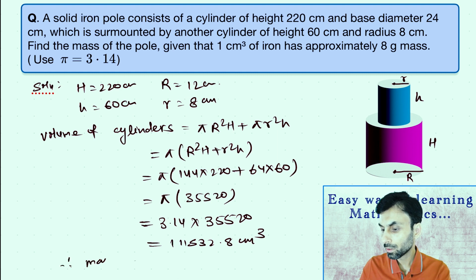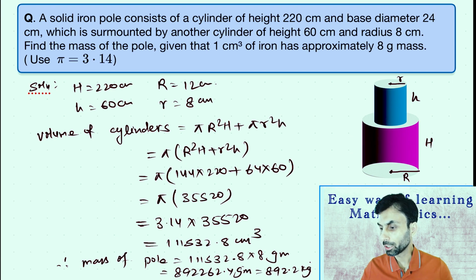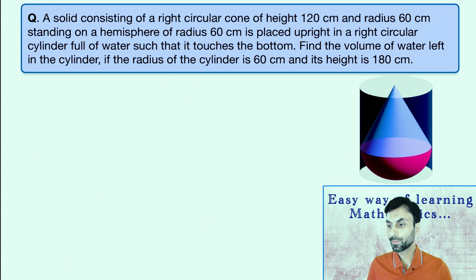Therefore, mass of pole will be equal to the volume, that is 1,11,532.8 into 8 gram, which will be equal to 8,92,262.4 gram, which can be written as 892.2 kg approximately.